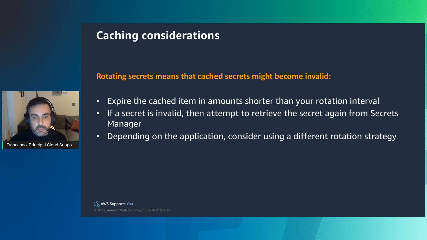The third thing is that, depending on the application that you're using, and this is usable for RDS for example, you might want to consider using a different rotation strategy, because so far we have only discussed rotation strategies where anytime you're rotating credentials, you are invalidating the current credentials, which means that if you're caching those credentials, they are made invalid and create problems whenever you're trying to access something.